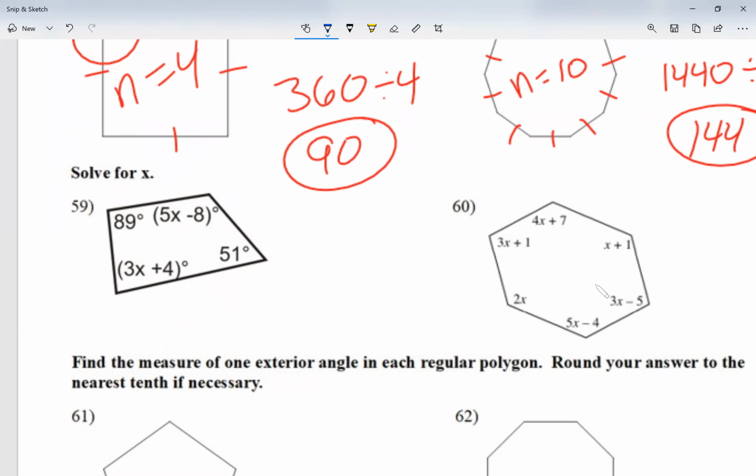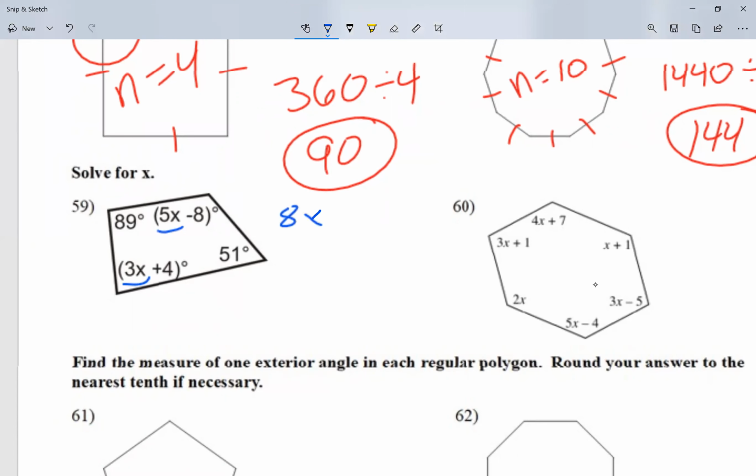So when I look at my x's, I have 5x plus 3x. So I'm just gonna call that 8x. I was adding my letters first. 5x plus 3x, I don't see any more. Now on my other numbers, I see 89 minus 8 plus 4 plus 51. And that is 136.